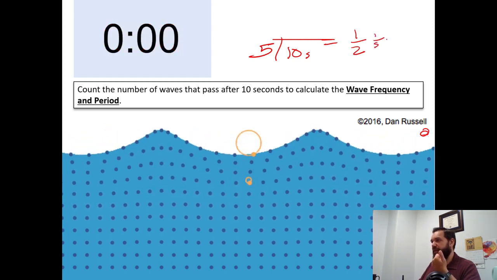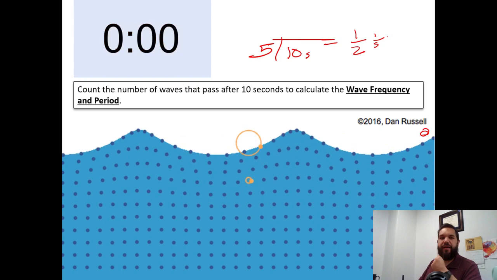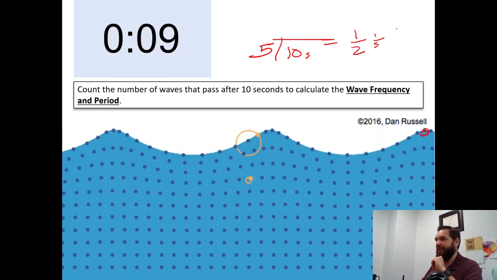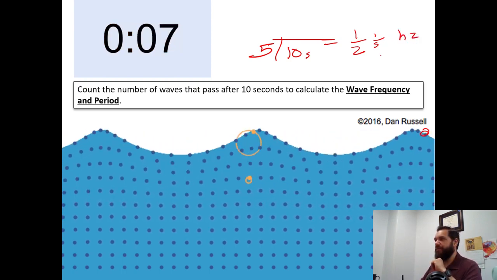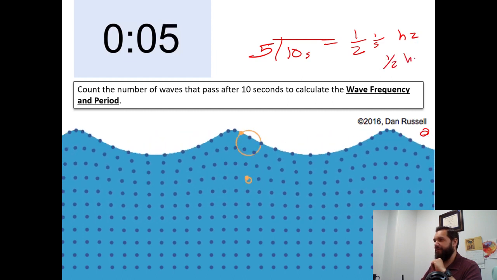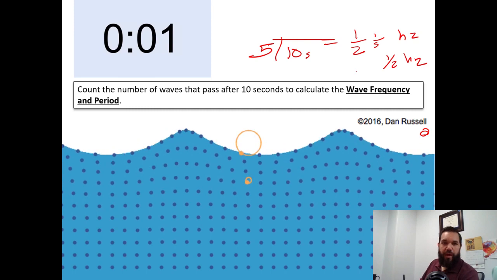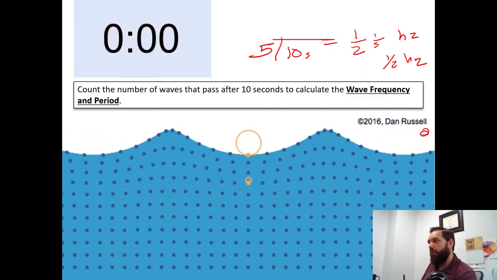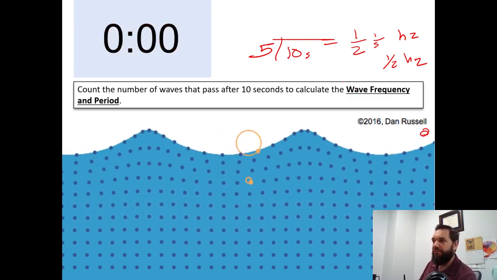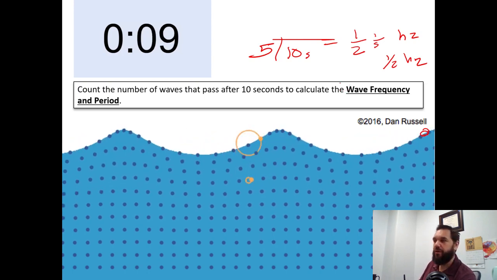And by the way, we actually have a unit that means per second, called a hertz. So it would be 1/2 hertz. The frequency of the wave you're looking at right now is 0.5 hertz, or 1 over 2 hertz.